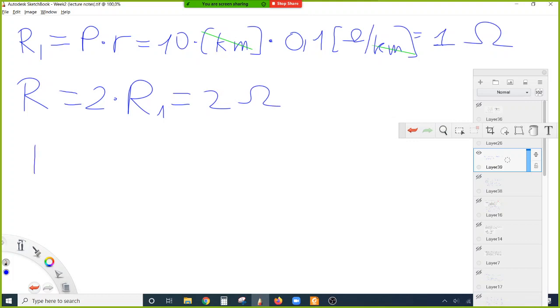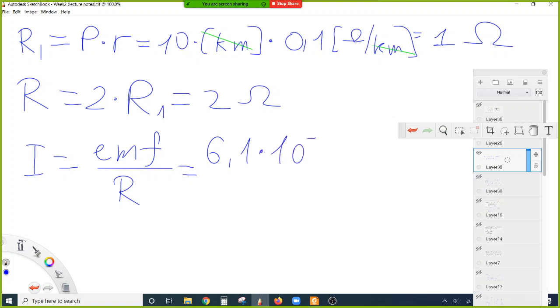And current I will be equal to electromotive force over R. So electromotive force was 6.1 times 10 to the minus 3 volts over 2 ohm.